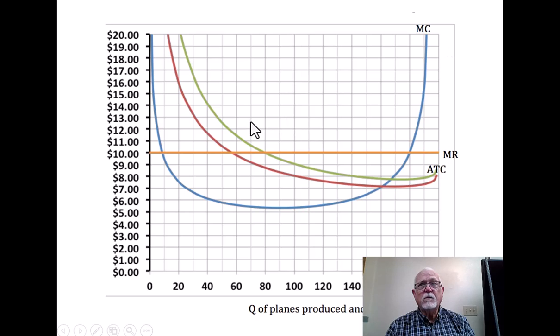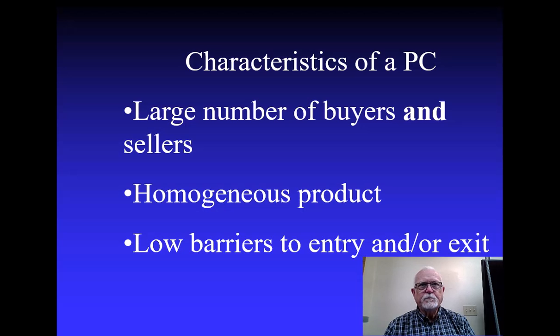Marginal cost curve, average total cost curve, and then the one below average total would be average variable. I apologize. That's the shape of a typical cost structure in the short run for a firm.